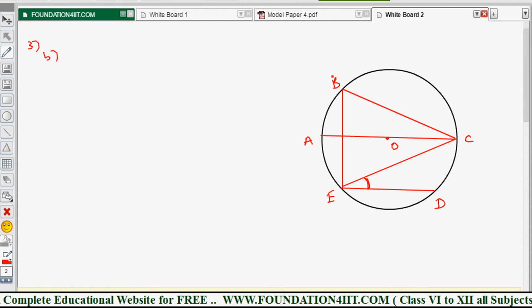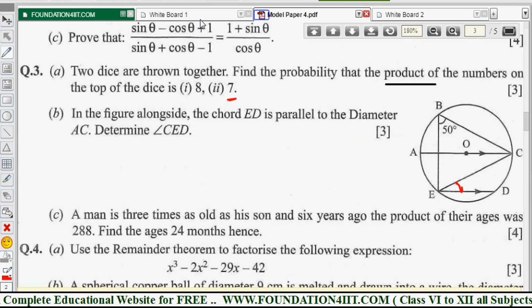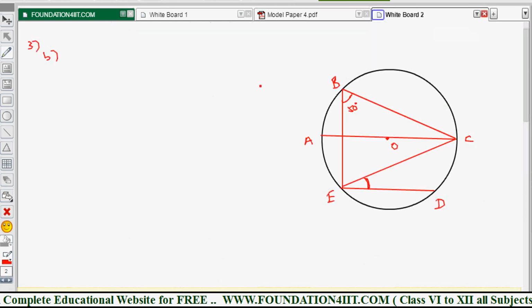So join A and B, and the angle is given as 50 degrees in the question itself. The construction is just to join AB. When you join AB, observe, we know the angle in a semicircle is 90 degrees.